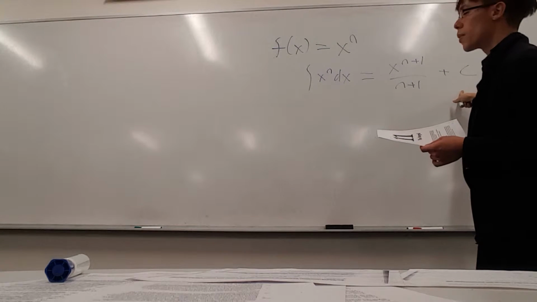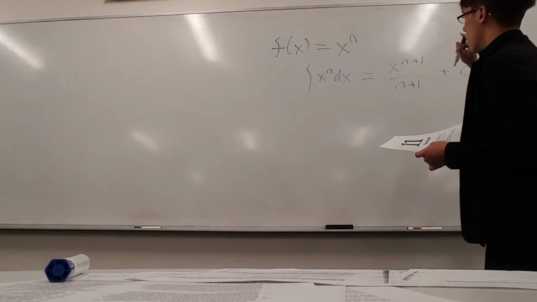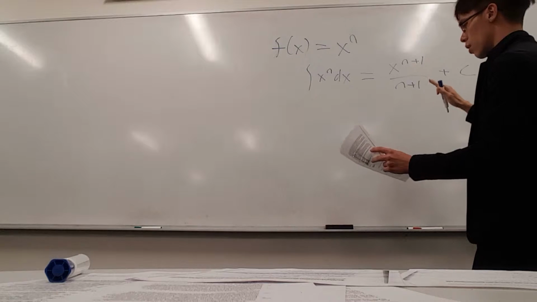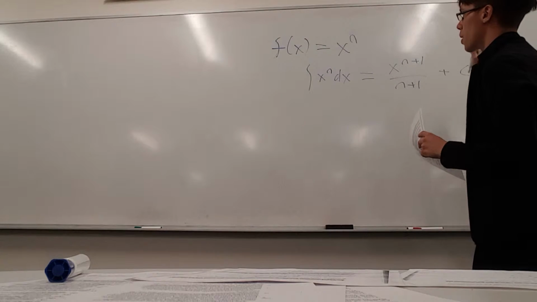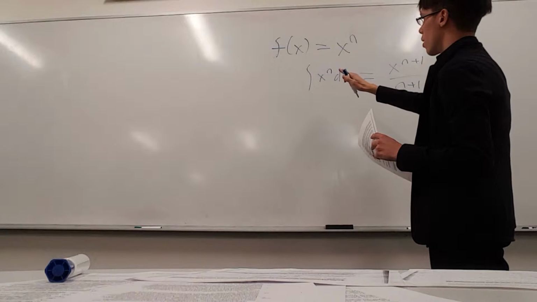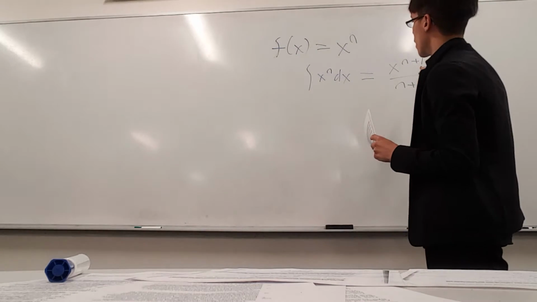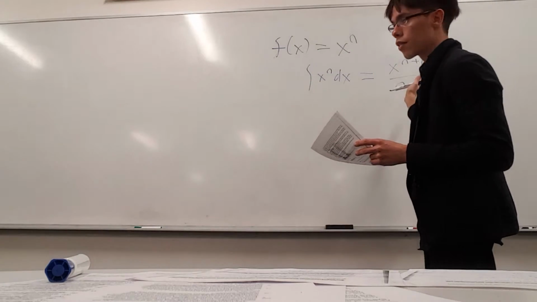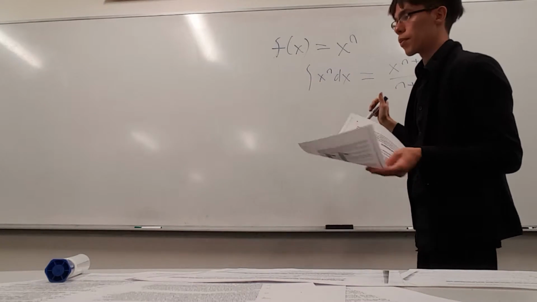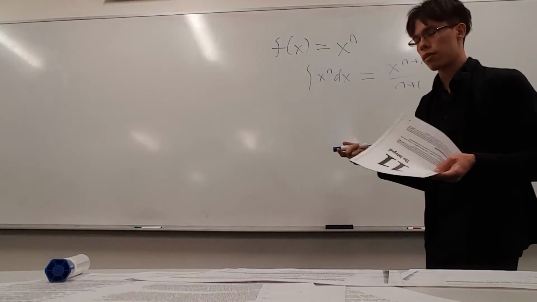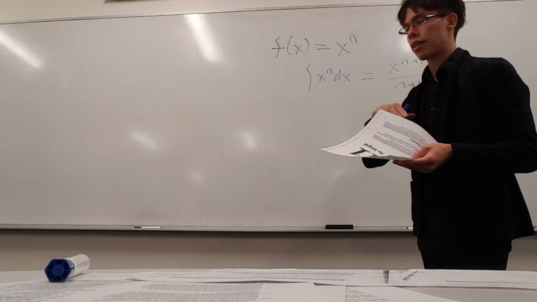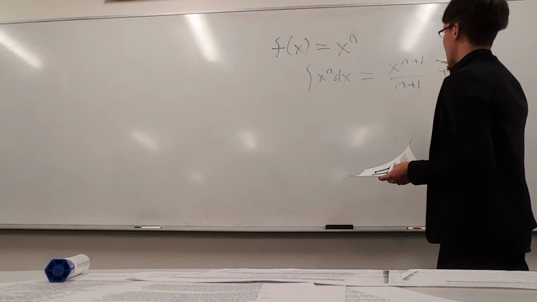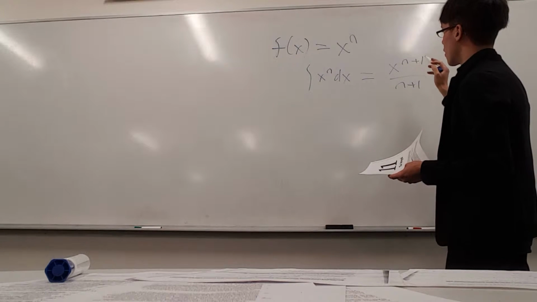Coming back to the C in a moment, what we have done is we've gone to the bottom part, that we have found the antiderivative of x to the n. If we were to go to the top part of the diagram, if you remember that, you can take the derivative of x to the n plus 1.